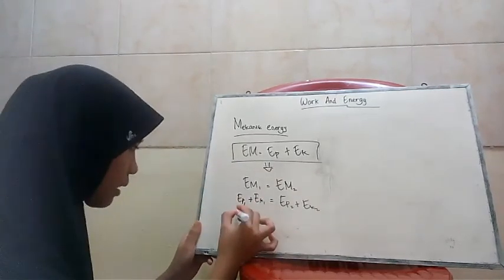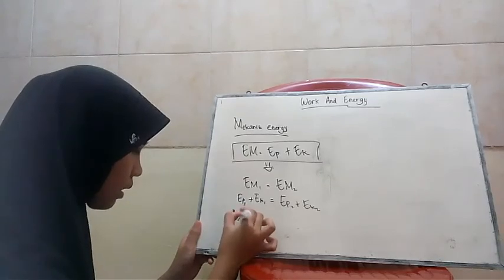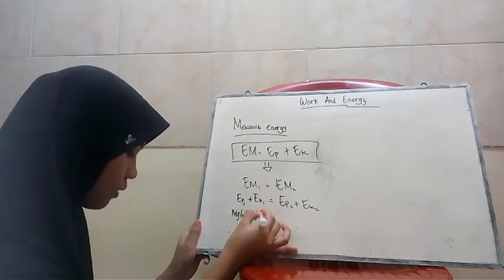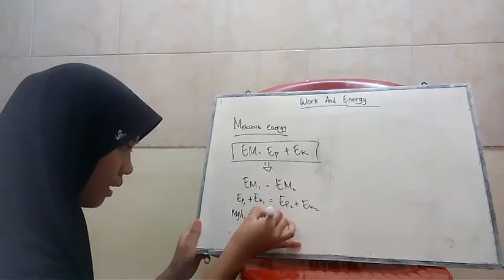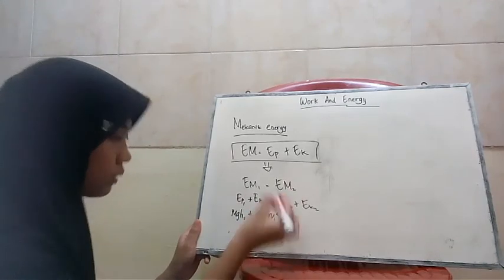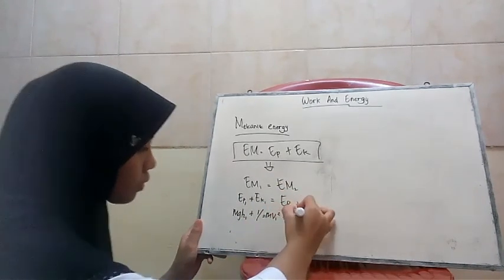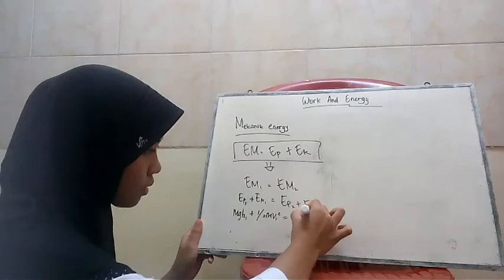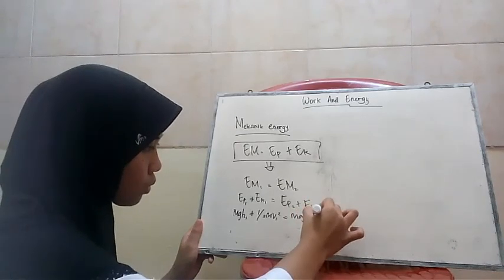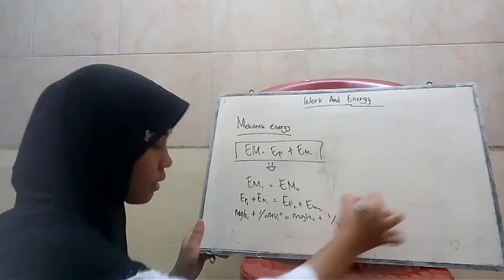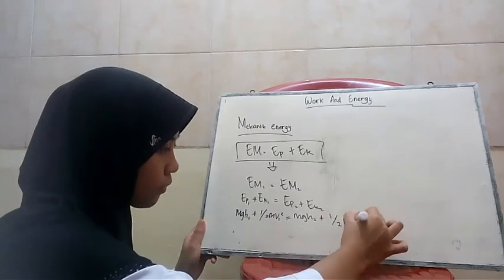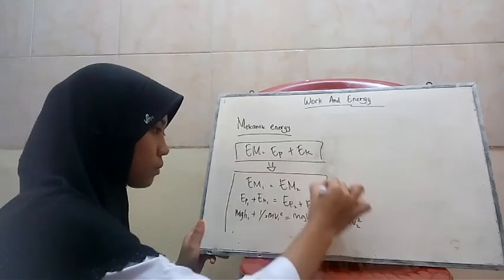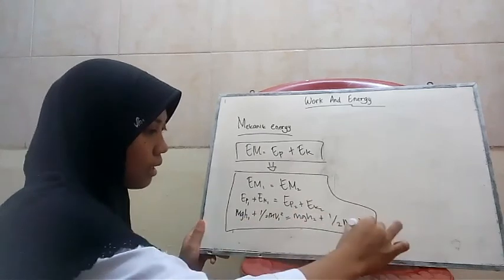And then here m g h1 plus 1 divided by 2 m v1 squared equals m g h2 plus 1 divided by 2 m v2 squared. Okay, finish.